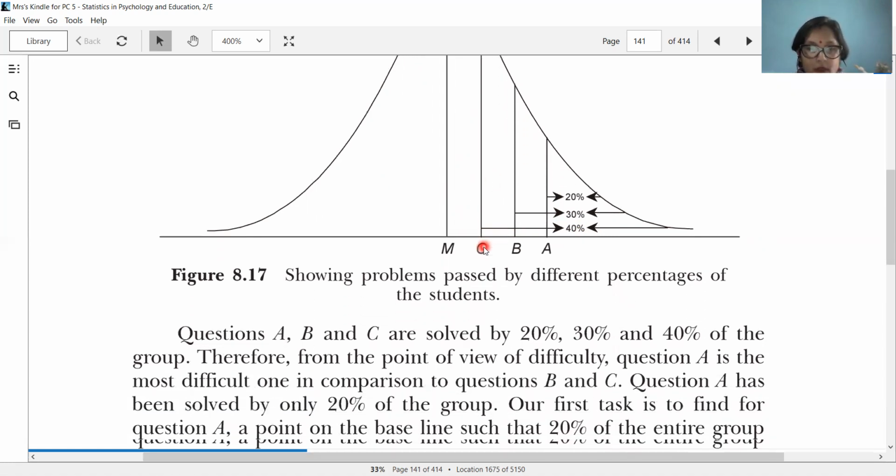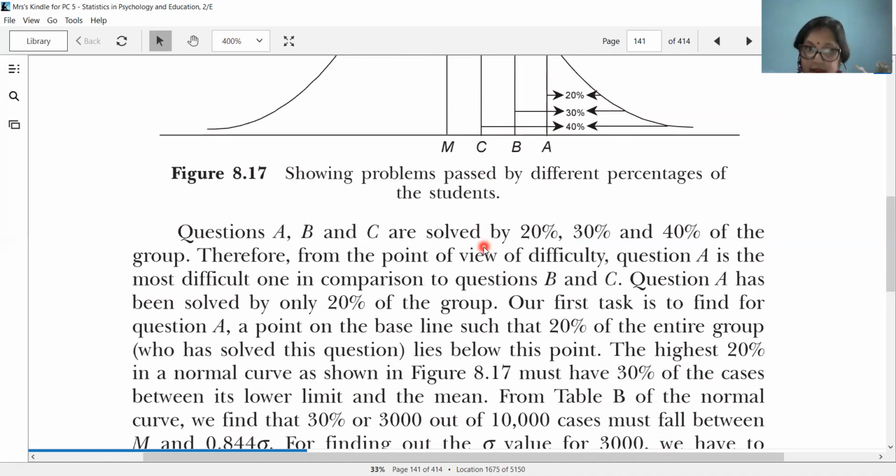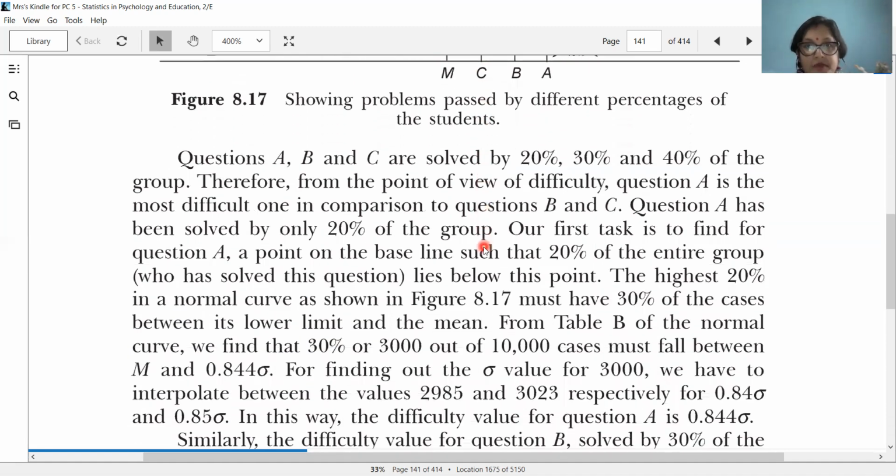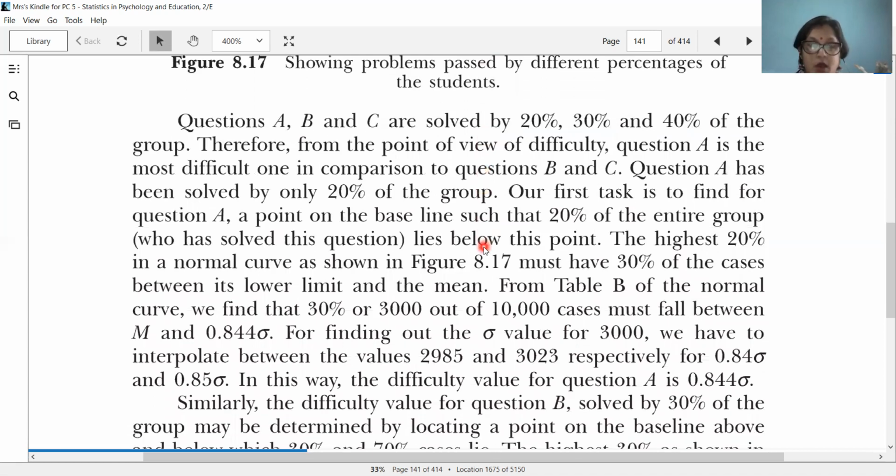So now first we need to find out the difficulty value, then we can find out the relative difficulty value. It is very simple to understand because questions A, B and C are solved by 20%, 30% and 40% of the group. Therefore, from the point of view of difficulty, question A is the most difficult one in comparison to questions B and C, because A is solved by only 20% out of 50%.